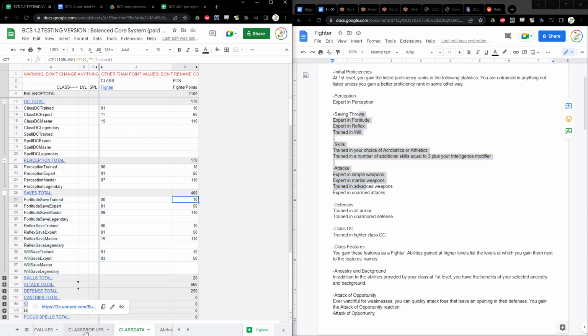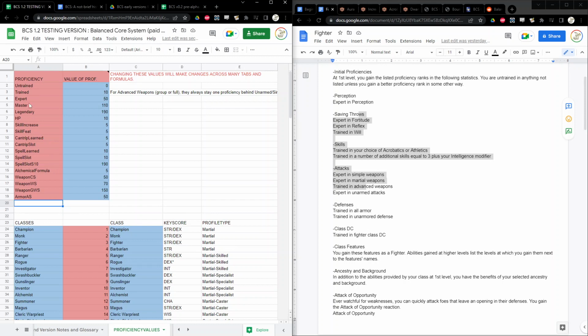Because we can see on the proficiency values, it's just one set of numbers, no matter if you're looking at attacks, defense, saves, or class DCs or spell DCs. It's the same: trained for 10, expert for 50, master for 110, legendary for 190.